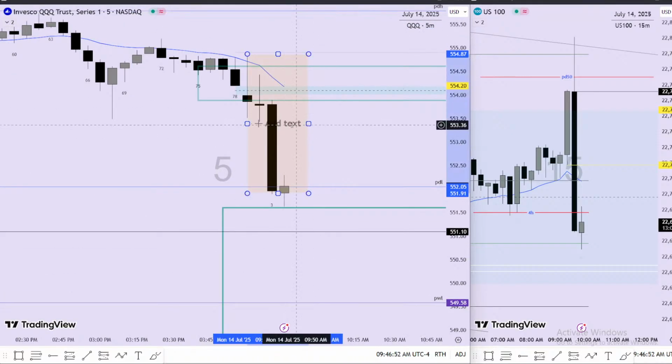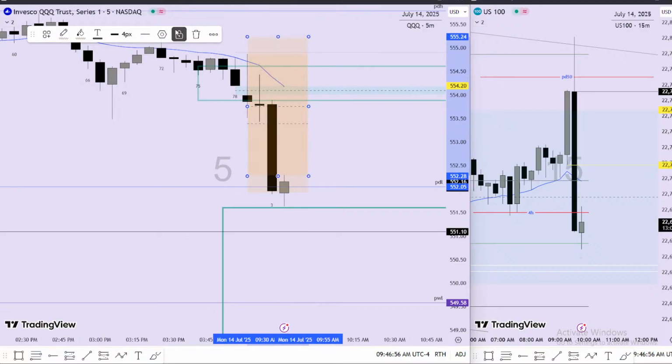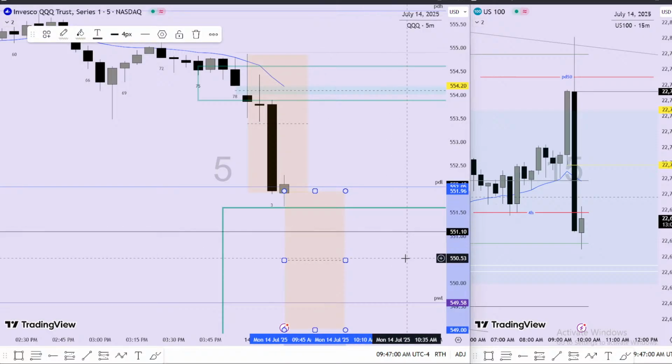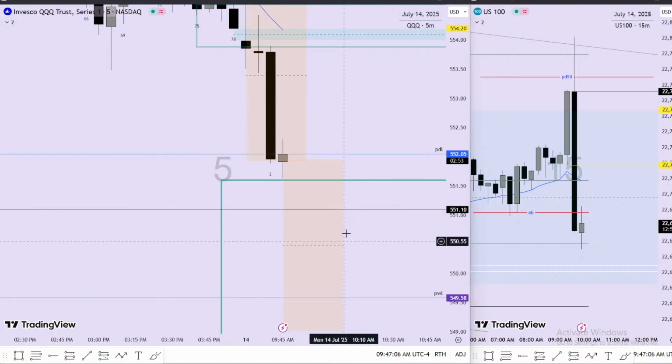Because if I take a trade here, this is the minimum I'm expecting. So is it going to come to this point before going above this point? I don't know.